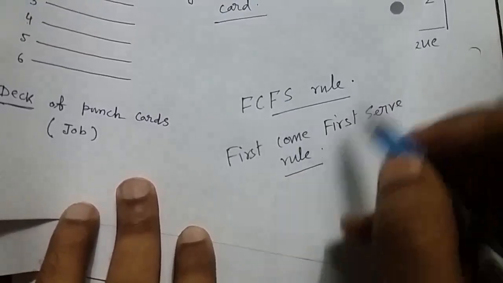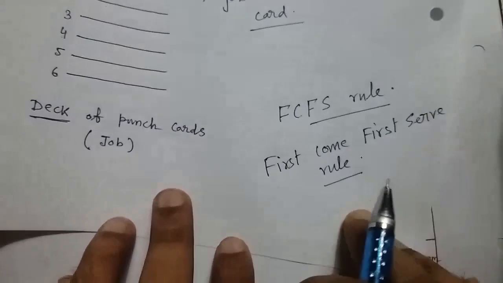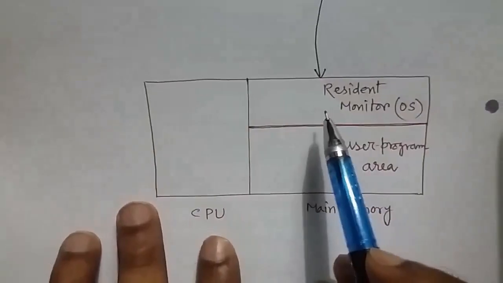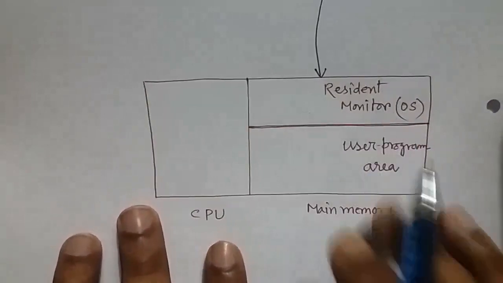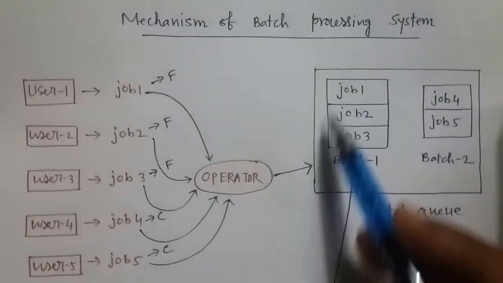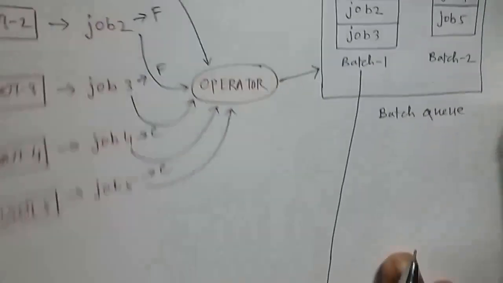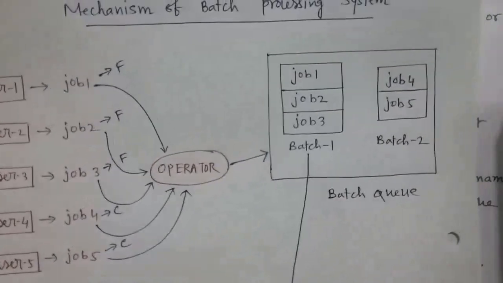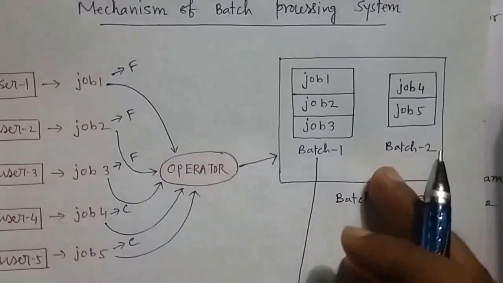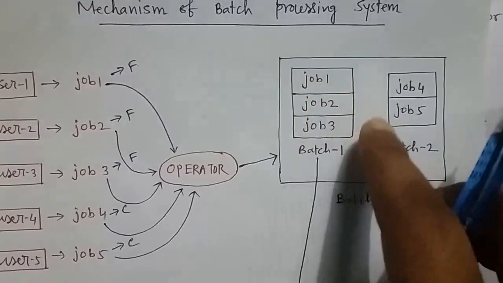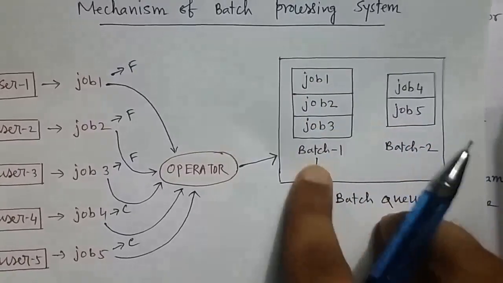That means the job that comes for execution to the computer first will be executed first. So the resident monitor will sequence all the jobs of batch 1, that means job 1, job 2, job 3, as per FCFS schedule. That means as per their submission. Job 1 is submitted first, then job 2, then job 3 in a batch.